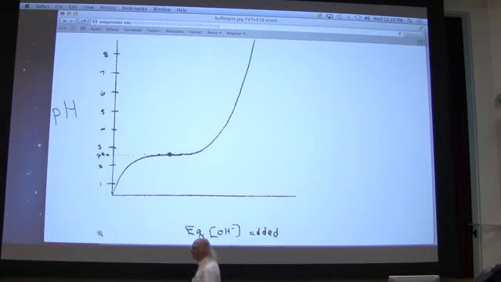We will say that the buffering region for an acid is plus or minus one value of the pKa. Plus or minus one value of the pKa. Okay?